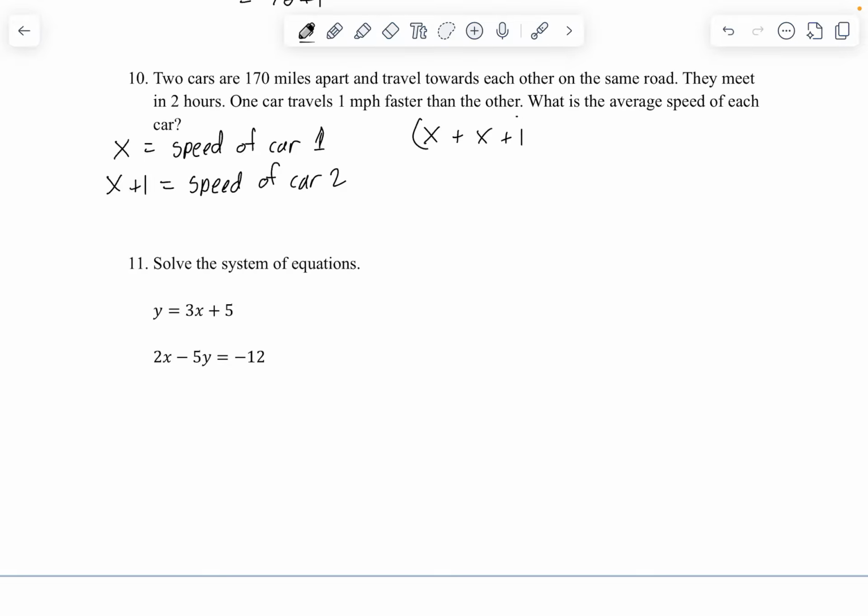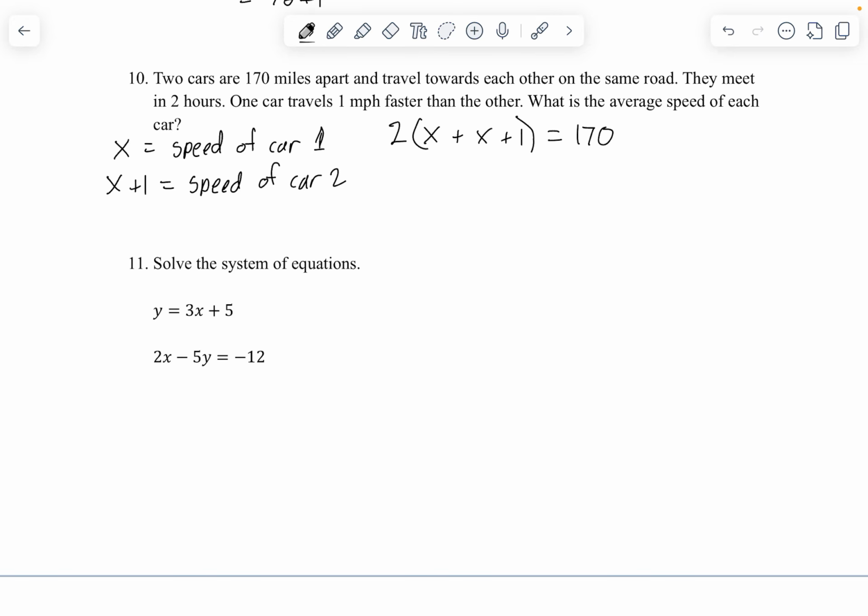So this is the sum of the speeds of the two cars. If I multiply this by the total time, that's going to give me the distance. And I know the total distance is 170. Okay? So I get this equation, which I can then solve for x.